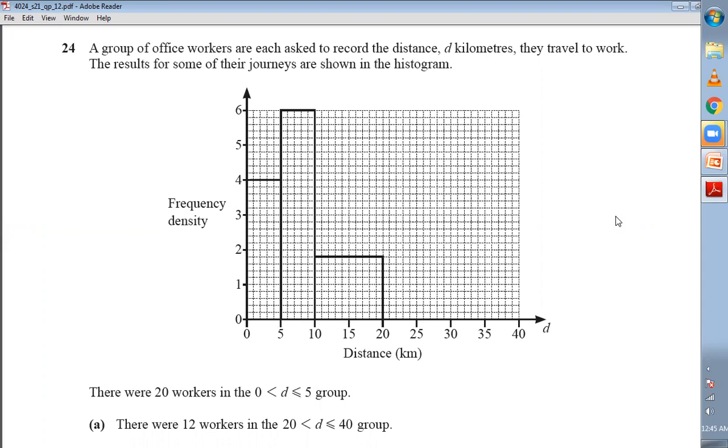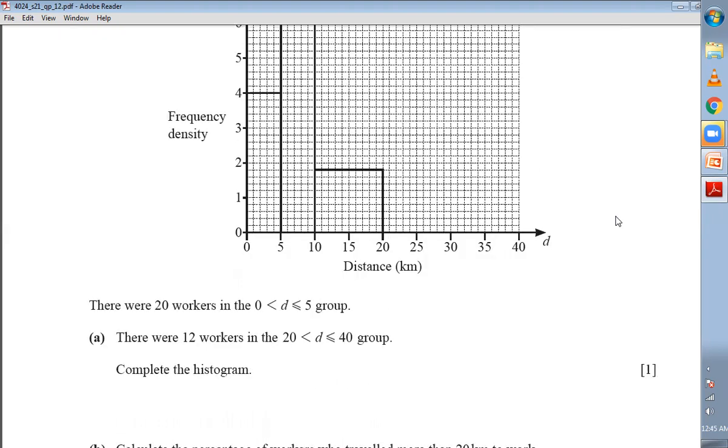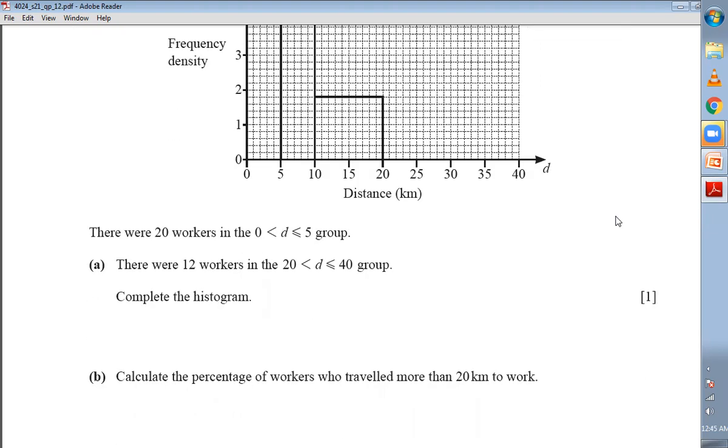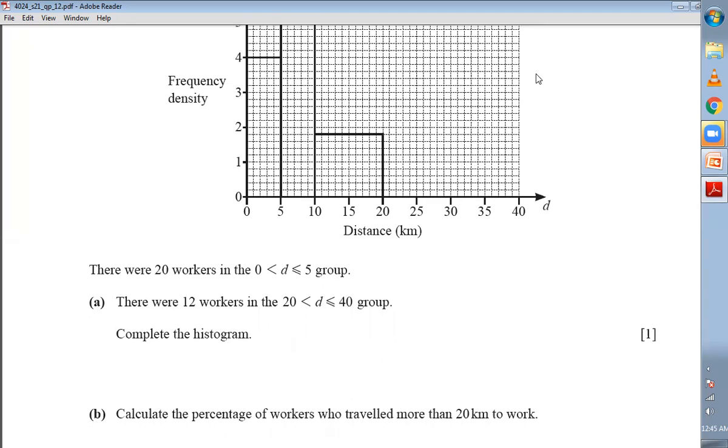There are 20 workers in the 0 to 5 kilometer group, and there are 12 workers in the group with D more than 20 and less than 40. Complete the histogram.